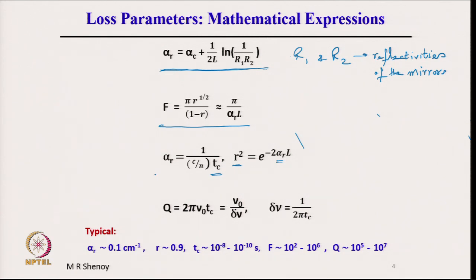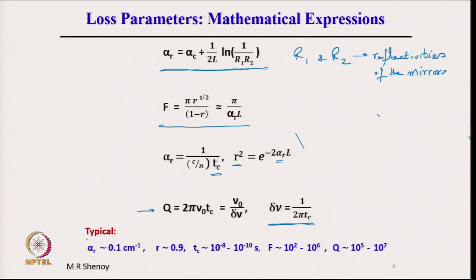We will obtain all these expressions. And the quality factor Q, which is related again to the cavity lifetime Tc, is given by an expression of this form, and Q is equal to nu 0 divided by delta nu. And delta nu, the line width of the cavity resonances, is given by a simple expression which directly relates it to Tc, the cavity lifetime.